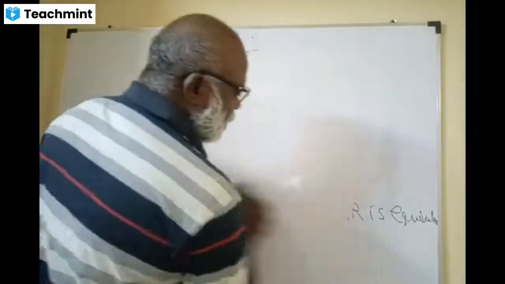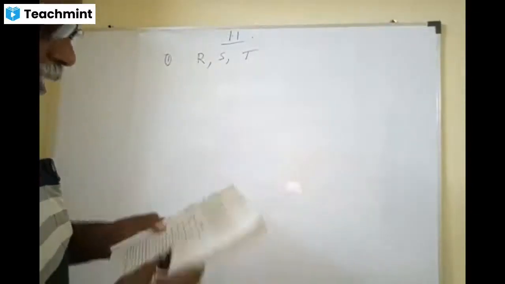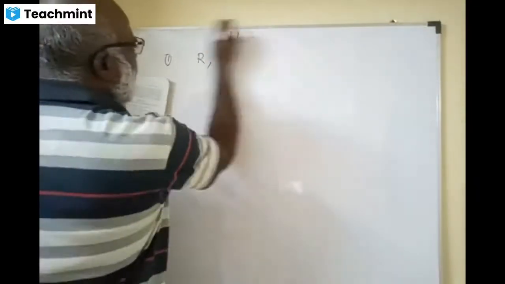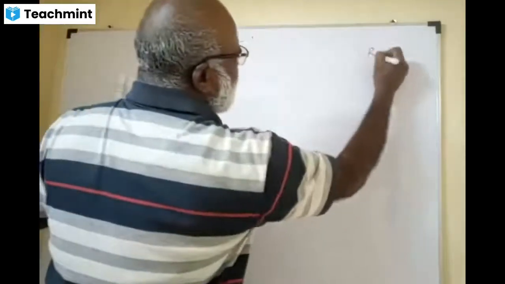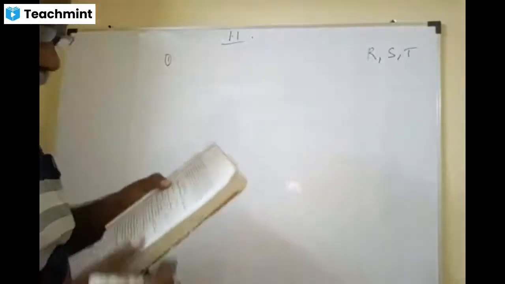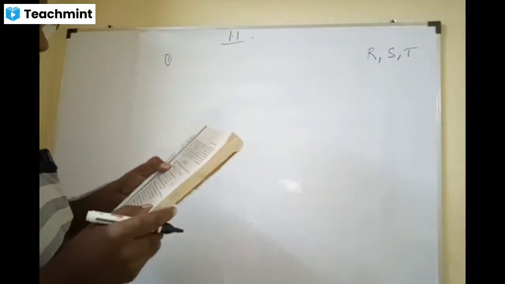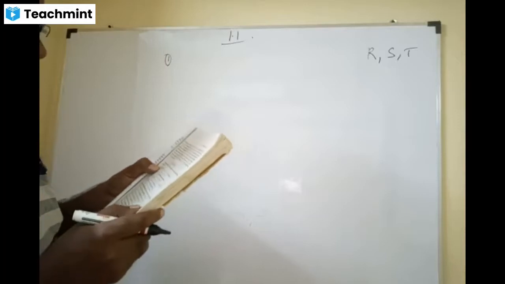So, friends, here is the first question. Let us take the given question like this and check whether it is reflexive, symmetric, transitive, or all three. Determine whether each one of the following relations is reflexive, symmetric, and transitive.